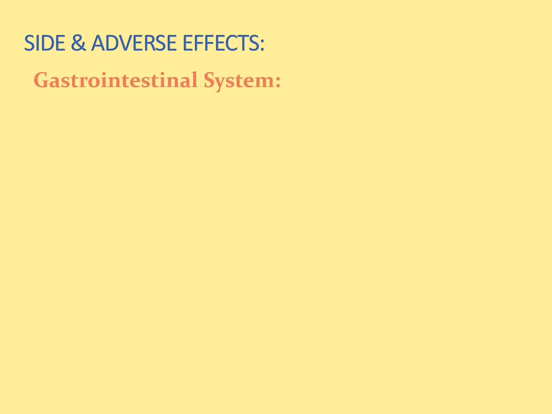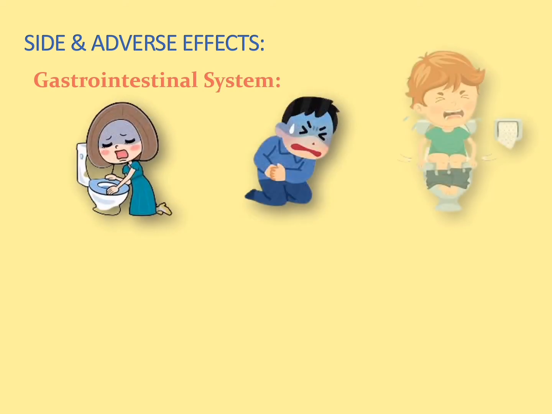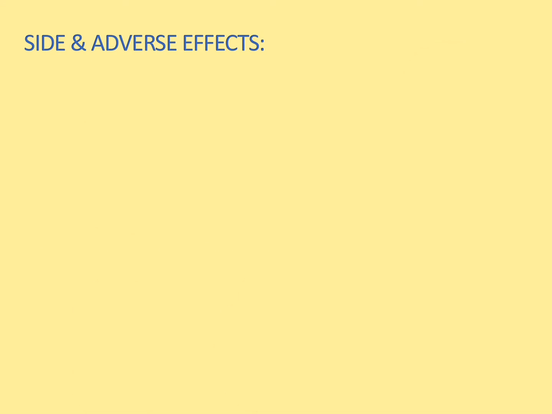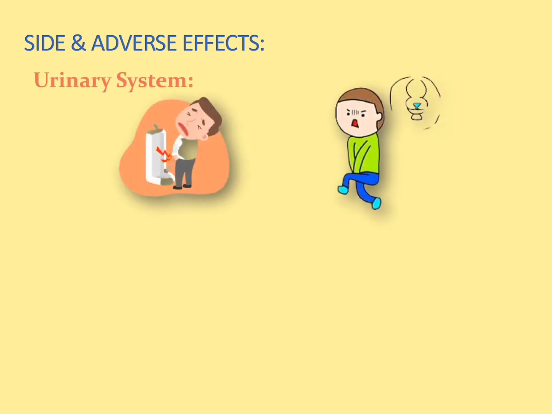For the gastrointestinal system, my side effects include vomiting, abdominal pain, and diarrhea. For the integumentary system, my side effects are rashes, pruritus, and urticaria, while my side effects in the urinary system are dysuria and urinary retention. And finally, for the immune system, my side effect is hypersensitivity.